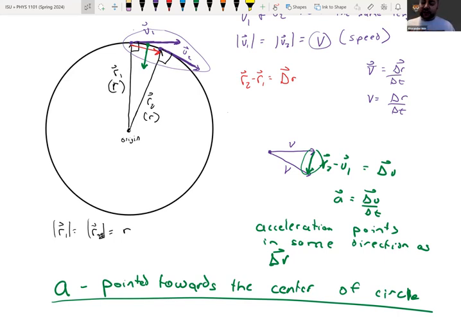Now the question is, what can we do to find the value of the centripetal acceleration? What we can say is that this angle right here is theta.